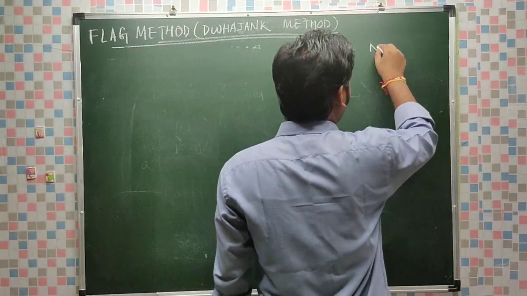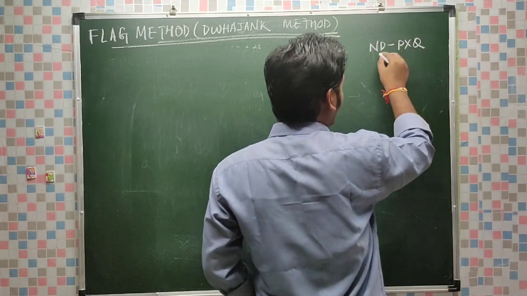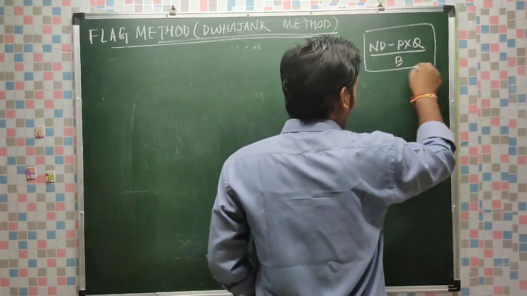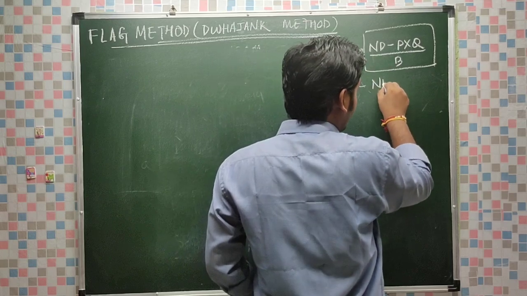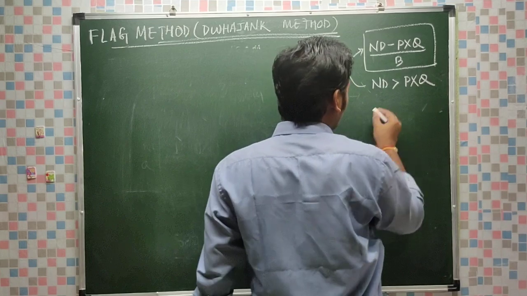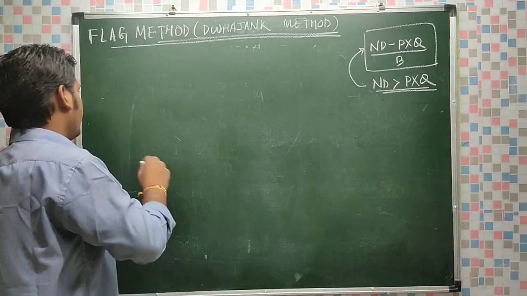The formula is new dividend minus product of power and quotient, divided by base, and the condition to enter this formula is that the new dividend must be greater than the product of power and quotient. This is the condition.